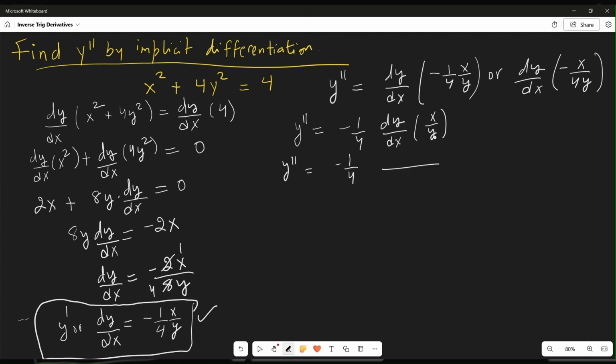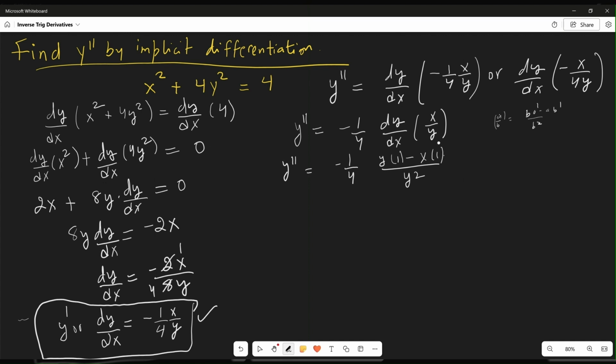You know that the formula for a over b is b squared in the denominator, with b times the derivative of a minus a times the derivative of b in the numerator. So y squared, y times the derivative of x, which is 1, minus x, a times the derivative of y.